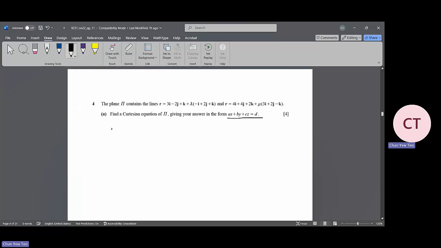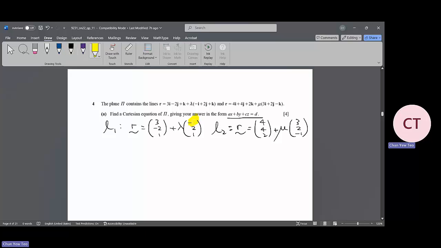So what you need to do is, I call this one line number 1: r equals 3, negative 2, 1 plus lambda of negative... and the other is r equals 4, 4, 2 plus mu of 3, 2, negative 1.